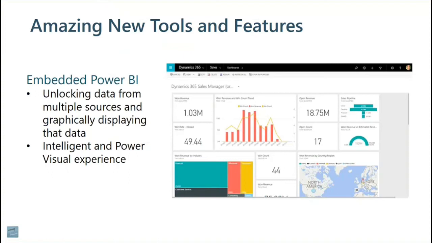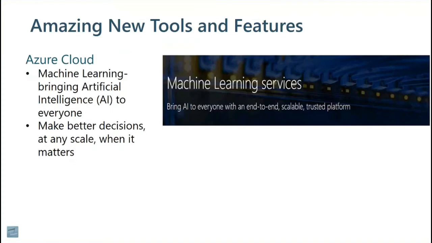So one can unlock important data and, more elegantly than before, leverage that data against reports that they would traditionally have to dig through on paper. It gives us a much more elegant environment, as you can see from the screenshot there. Also within the app, we've got amazing tools in the Azure cloud. Machine learning and artificial intelligence allow you to make better decisions on any scale when it matters.